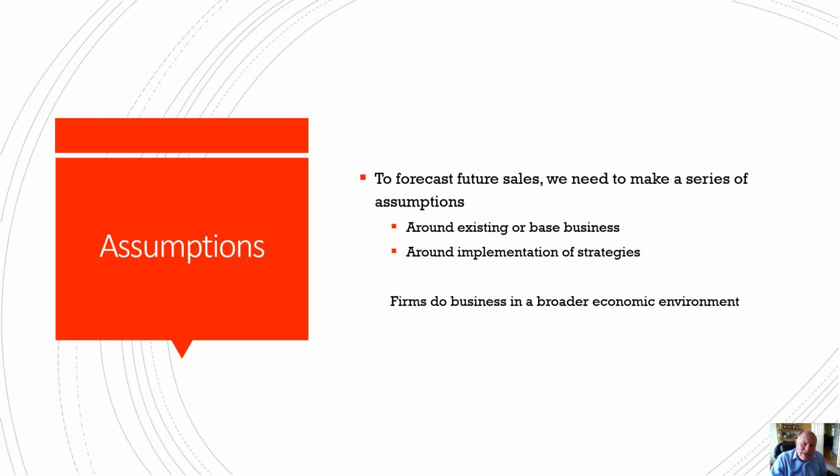To forecast future sales, we need to make assumptions around the existing or base business. This is going to be driven by basically the broad macro environment, including GDP growth and inflation. Then you're going to make some assumptions about the implementation of the company's strategies, all of this in the broad economic environment.